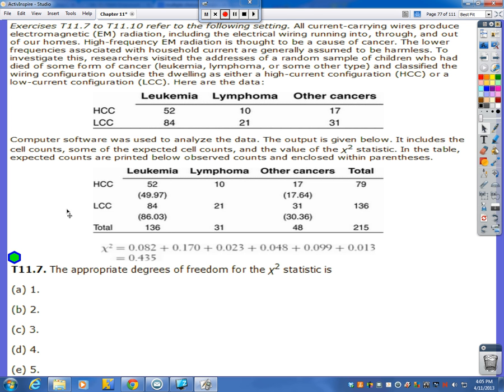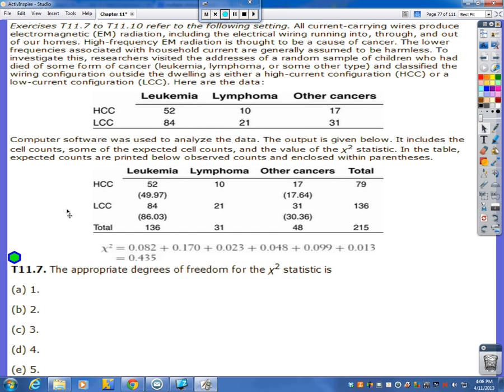The lower frequencies associated with household current are generally assumed to be harmless. To investigate this, researchers visited the addresses of a random sample of children who had died of some form of cancer, leukemia, lymphoma, or some other type, and classified the wiring configuration outside the dwelling as either a high current configuration, HCC, or a low current configuration, LCC.